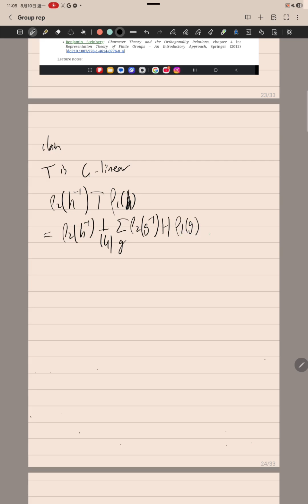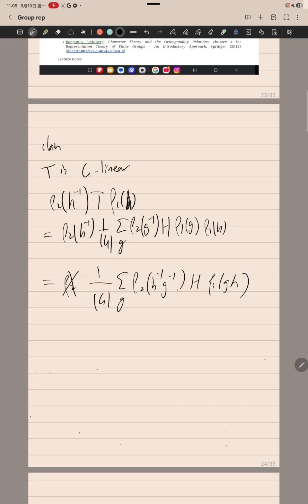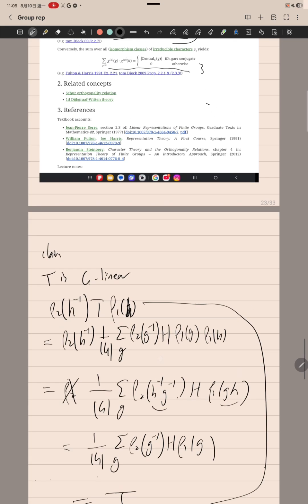So it's rho_1(G h). Okay, so combining with the representation property, we can get this: rho_2(h inverse G inverse h) H rho_1(G h). Now, since this is the same set of G as G h ranges over the group, it is just rho_2(h) times rho_2(G inverse) H rho_1(G). So this is just rho_2(h) T. Okay, so this shows that T is G-linear.